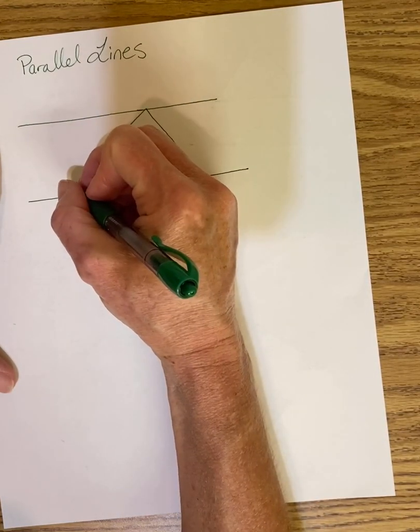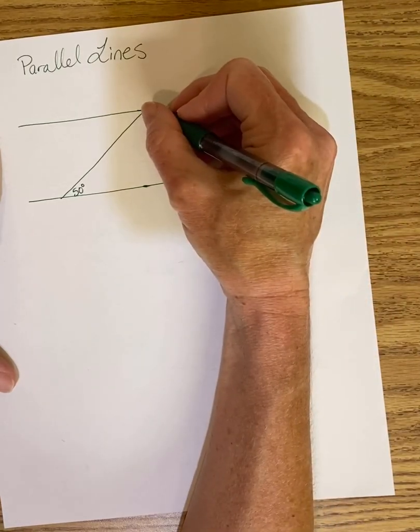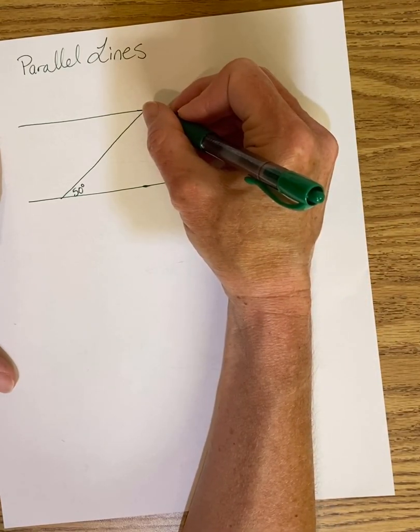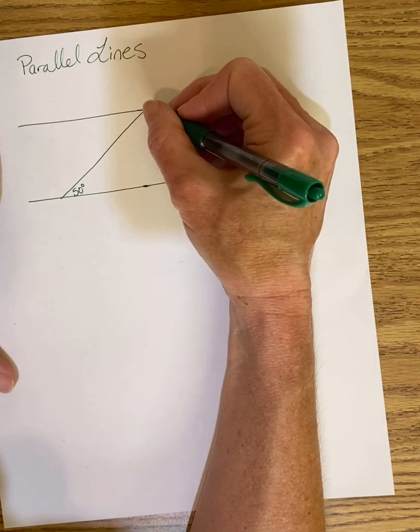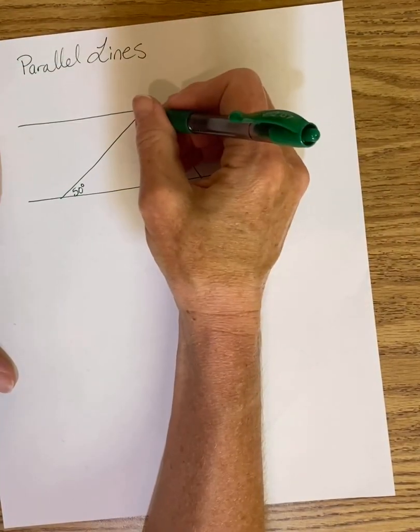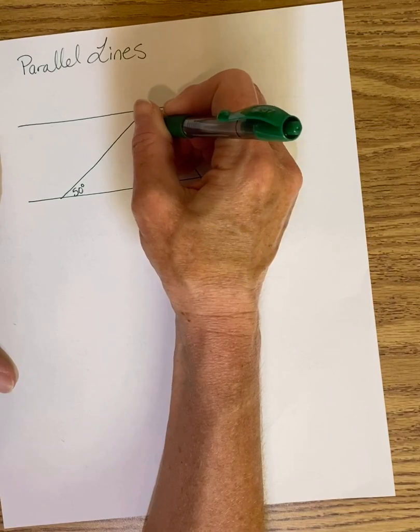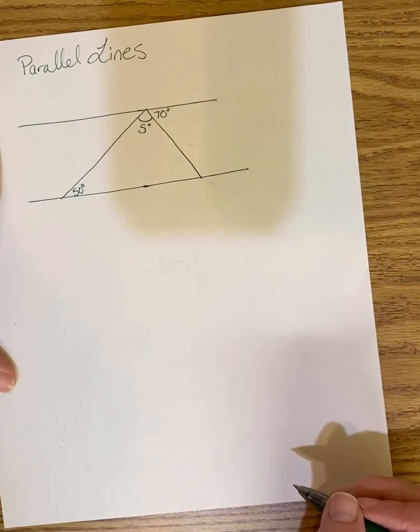This is 50 degrees. This right here is, let's see, it's probably about 70 degrees. And we want to know this angle right here. We want to know the measure of angle S. It's S degrees.